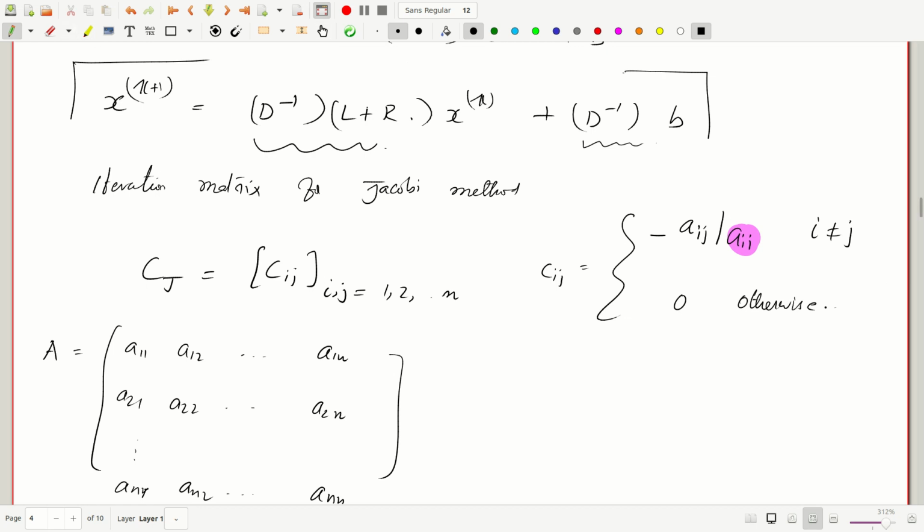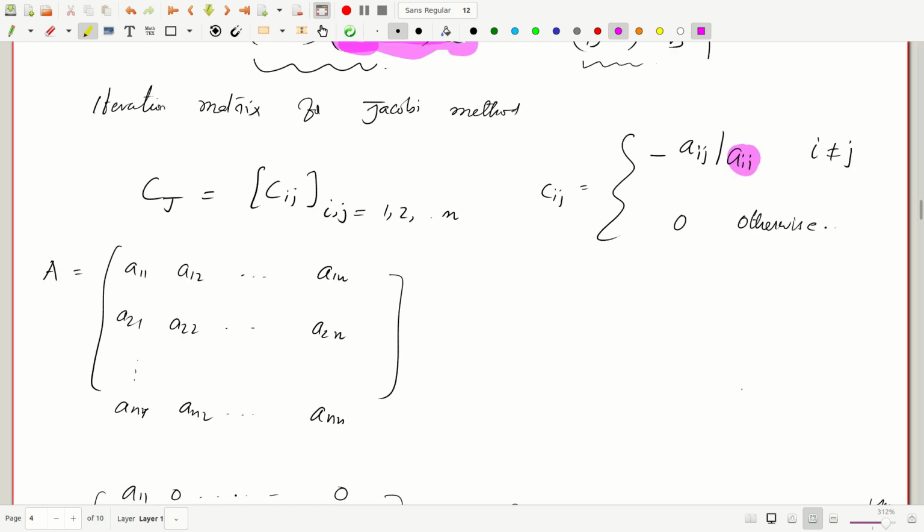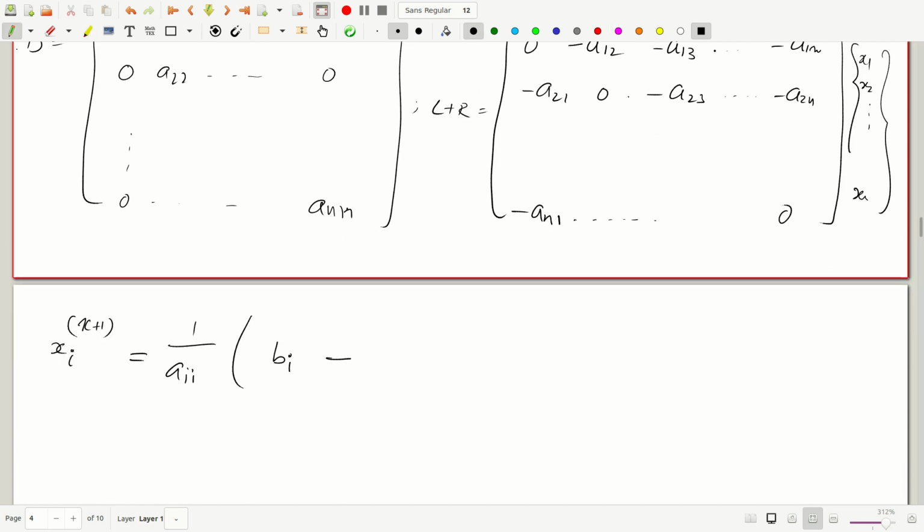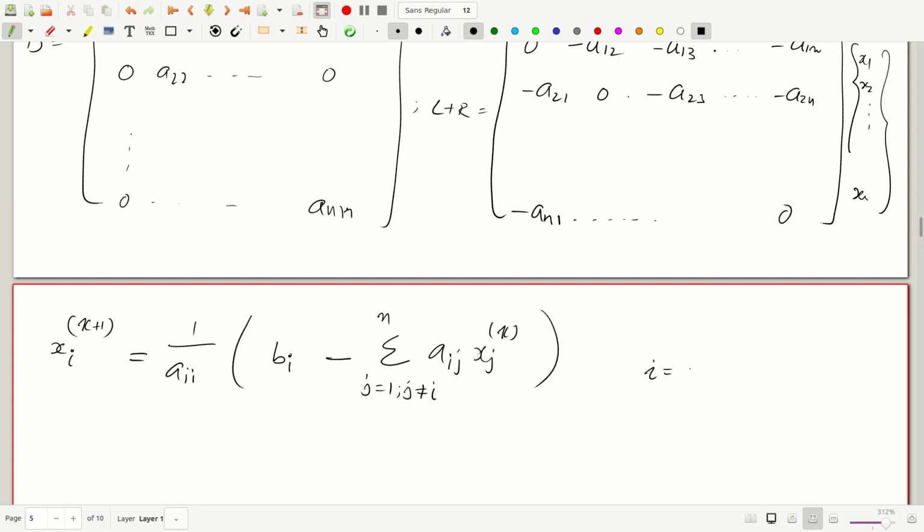L plus R times x^k will turn out to be the minus of this entire summation: minus a12 x2 minus a13 x3 and so on. So this will be the summation of a_ij x_j^(k), j going from 1 to n, with j not equal to i. That's your equation, and this is for the solution vector that goes from i equals 1 all the way to n.